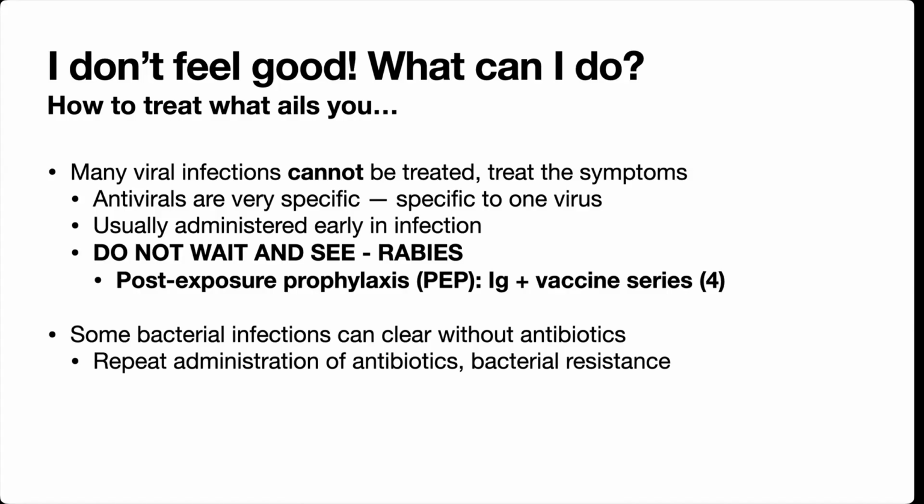Because unlike antivirals, our antibiotics are generally less specific. They're specific to a specific class of bacteria. So it might be the gram positive, it might be the gram negative, it might be spirochetes. So these antibiotics are specific to different groups of bacteria. But once those groups develop resistance, then we can't use those antibiotics anymore.